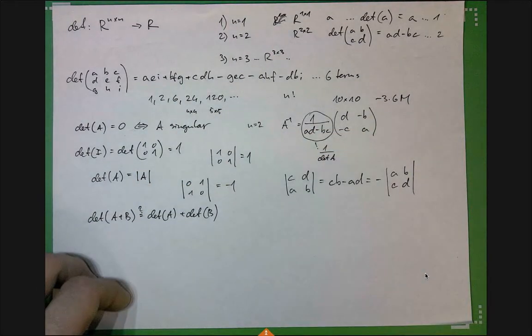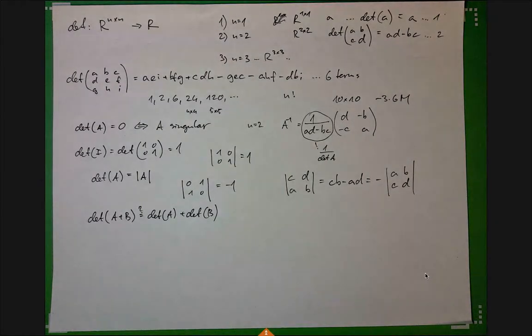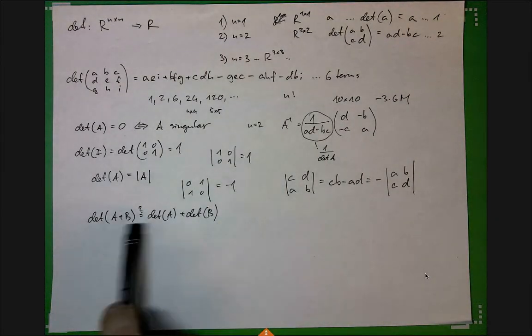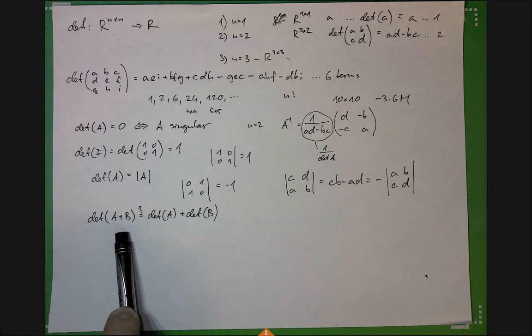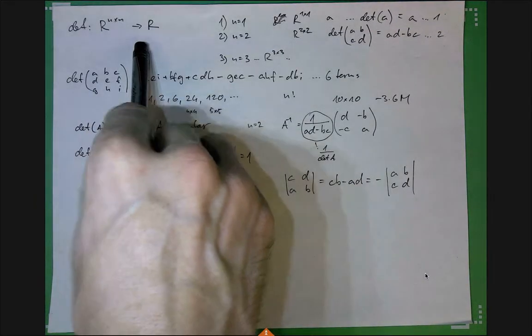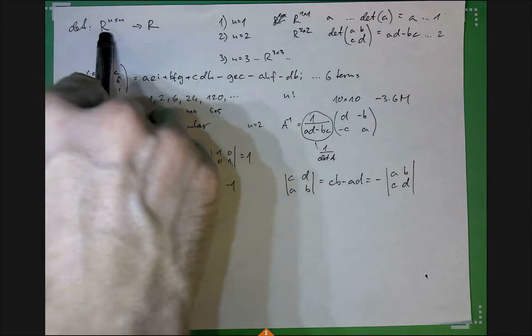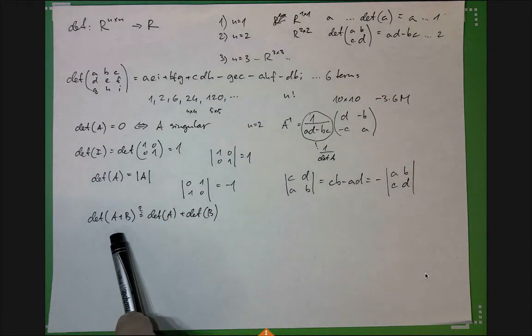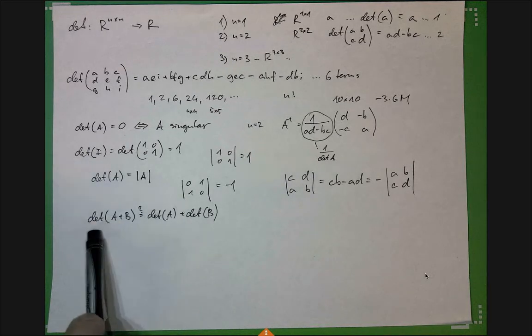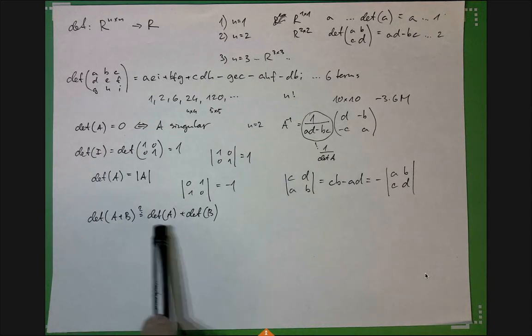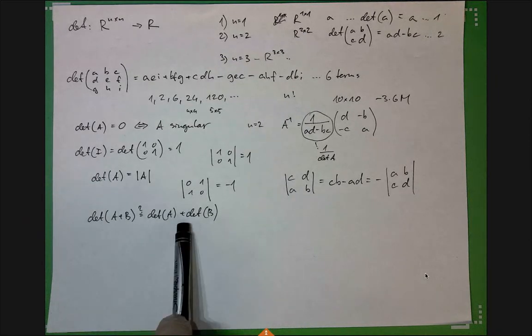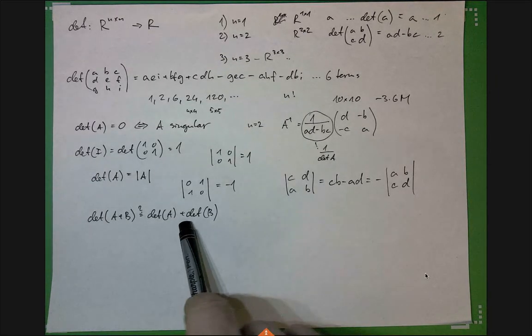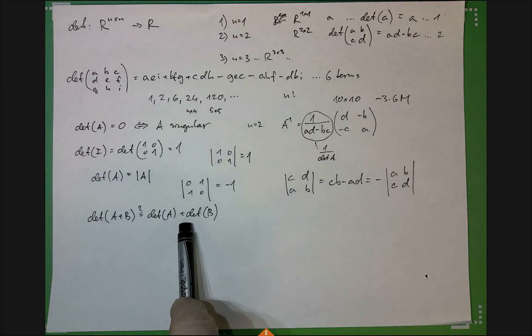What do you think? This would mean that the determinant is linear, in terms of being a linear mapping from matrices to numbers. It wouldn't matter if I first sum the matrices and then take the determinant, or first compute the determinants and then sum them as numbers. Do you think this is true or not? Slightly tricky question.